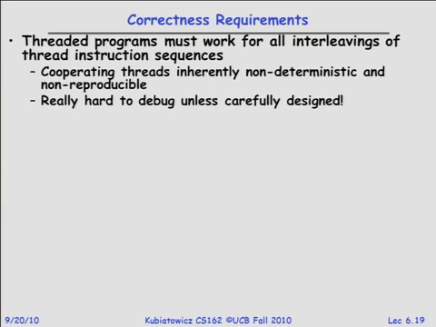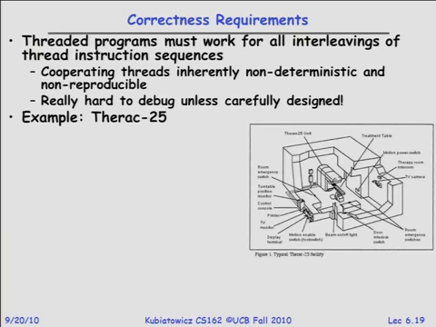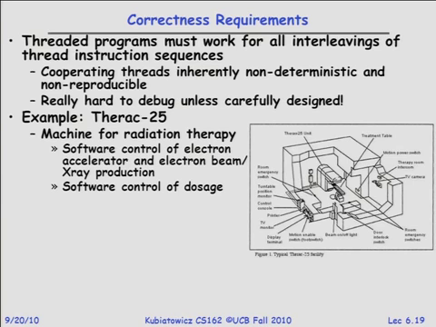Okay, I want to tell you about a couple of examples where that didn't happen. One of them is the Therac 25. How many people have heard about this? Good, they tell you about this one. This is bad, right? So what's the Therac 25? This was a radiation therapy machine, and basically it gave software control of the distribution of electrons or X-rays to a patient.